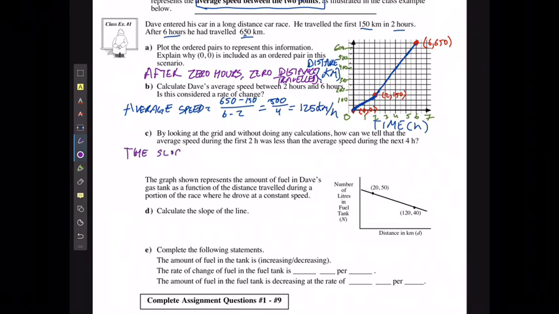The slope is steeper in the next 4 hours.